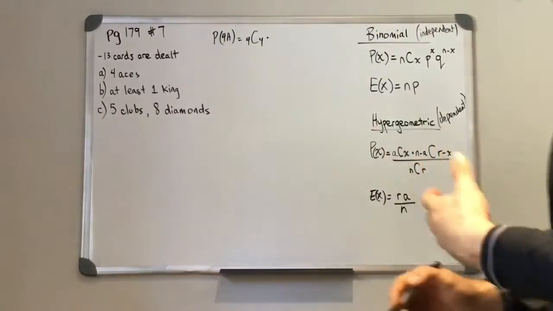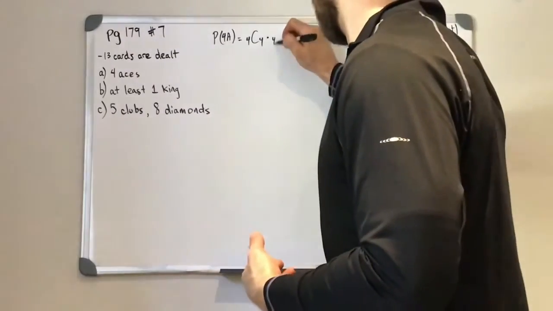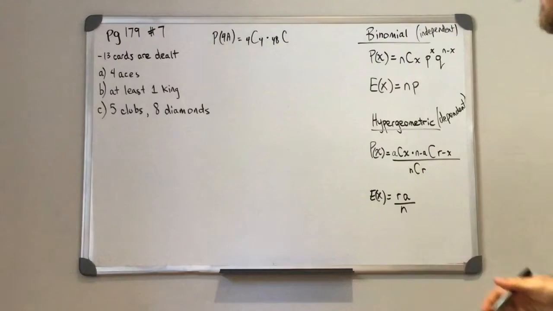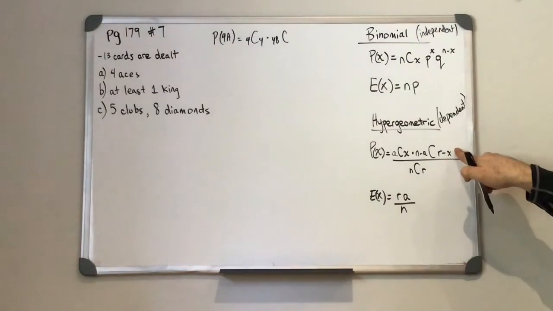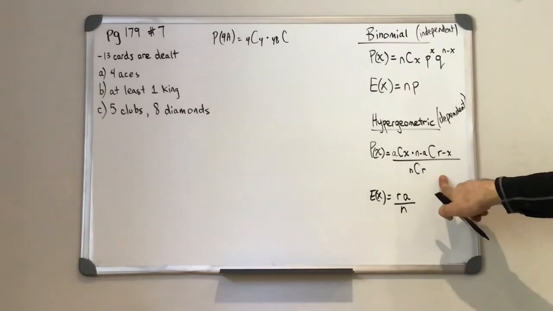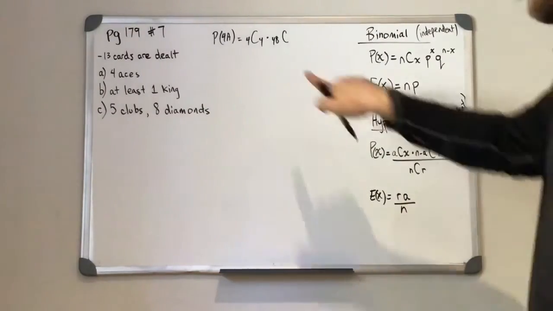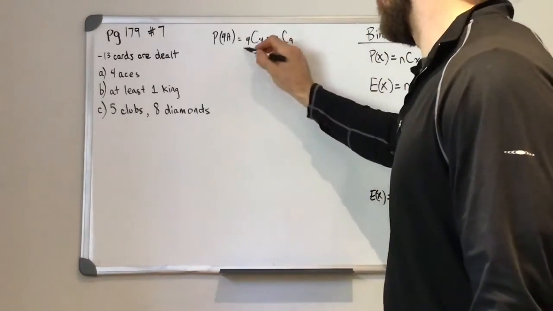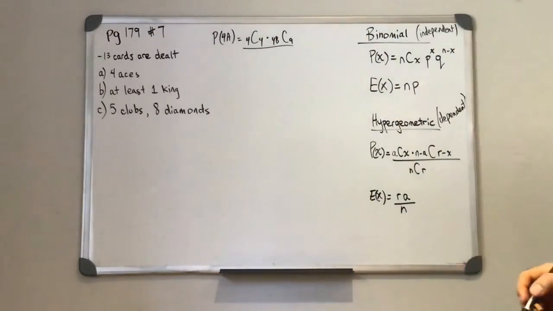How many non-aces are there? There are 48, because there are 52 total cards and we take those 4 out. Out of our 13 cards, 4 are already decided, so that leaves 9 cards.